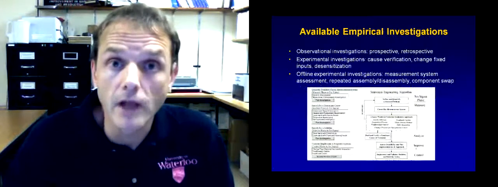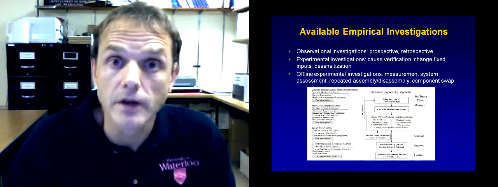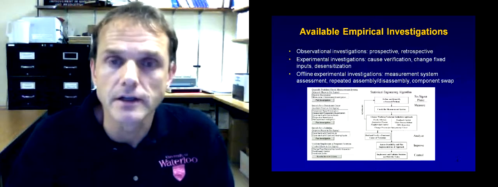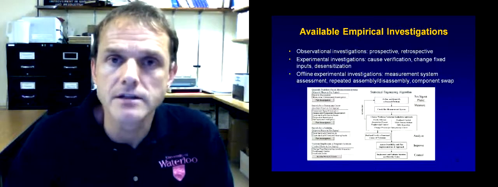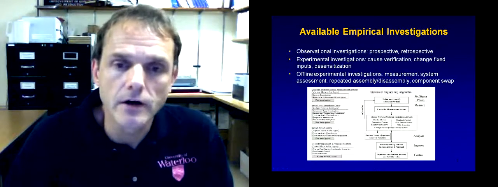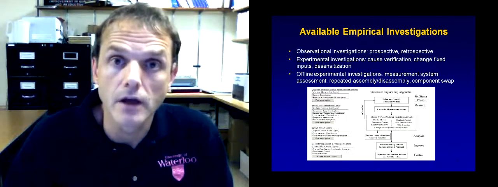If we go down into the middle of the team homepage, this is where the heart of the interface lies, where you can interact and ask for various kinds of data and various kinds of investigations. So you can see that there are a large variety of empirical investigations that you can conduct.